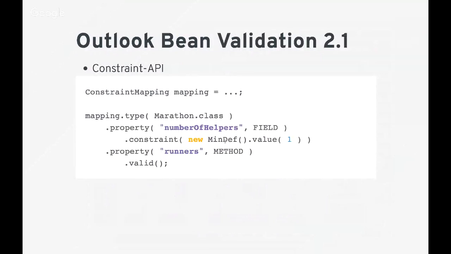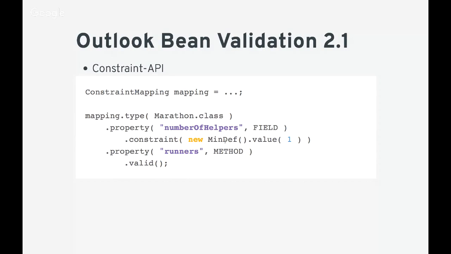Just very quickly, Bean Validation 2.0 is done. There are some ideas we could not add to 2.0. We might do a 2.1. There's no decision on this yet, but we might do it. One idea being a constraint API. This would let you define constraints in a more dynamic fashion.